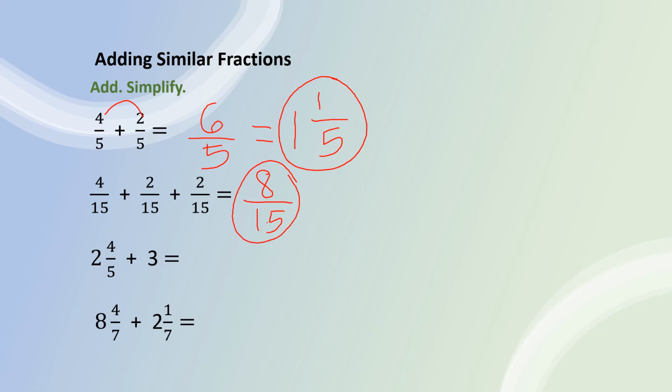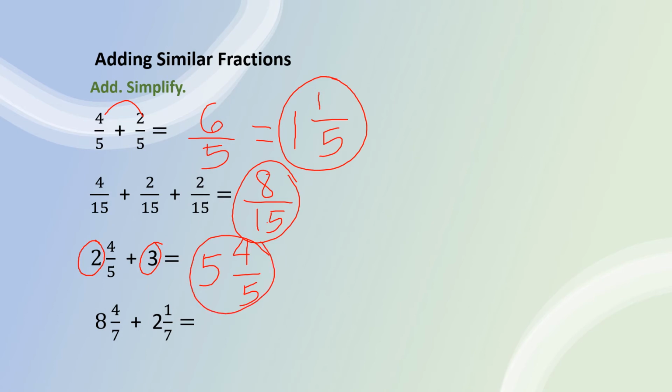All right. In example 3, we have a mixed number plus a whole number. So this is easy. We will just add the whole numbers. 2 plus 3 is 5. And let's just copy the 4/5. So 5 and 4/5 is our answer.